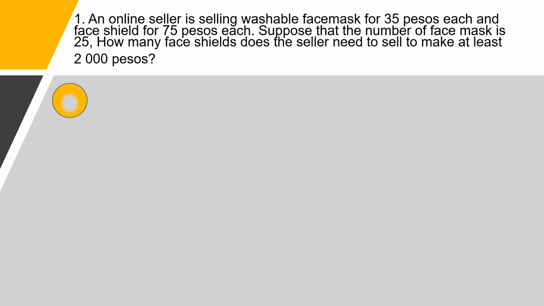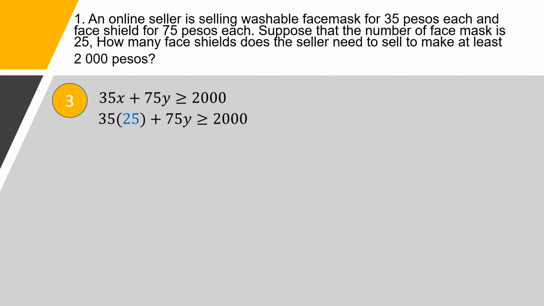Solving the inequality 35x plus 75y is greater than or equal to 2,000. Substituting the number of face masks, which is 25, will give you 35 times 25 plus 75y is greater than or equal to 2,000.